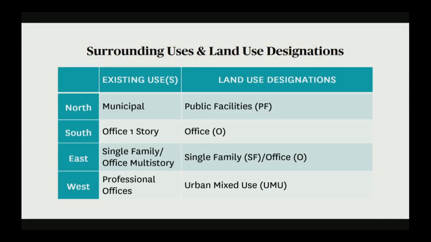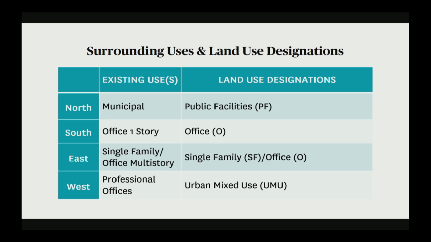So just looking a little deeper into the surrounding land uses and existing uses. To the north are some municipal properties with public facility land use designations. To the south are one-story offices with office designations. To the east are those single-family houses and a few office multi-story uses with designations of single-family and office.